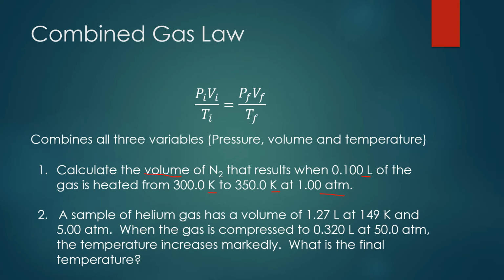In the second problem, we have 2 volumes, liters and liters, 1 temperature, and then 2 pressures. Since this word problem has pressure, volume, and temperature, that would lead you to the combined gas law equation.